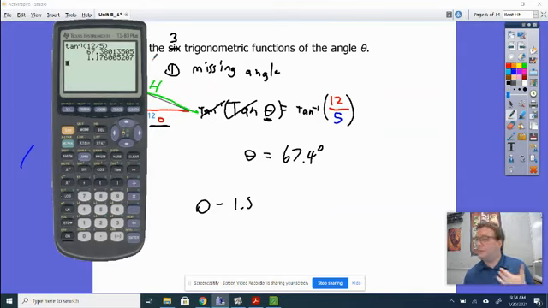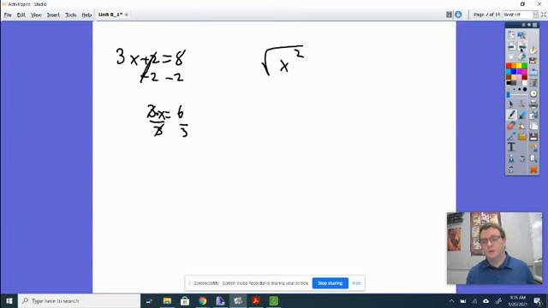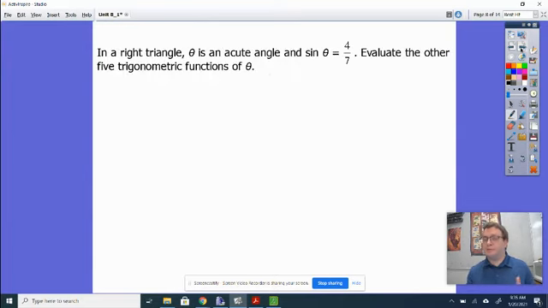If you get one that's a little bit bigger or a little bit smaller, maybe. But if it's between 0 and 1.5, you are probably in radians. Double check. If you're in degrees, then it's just a really funky triangle. But that's how these problems work. So we set them up, and then we just evaluate. I'm gonna do a couple more of these, and then I'm gonna come back and actually solve what this problem meant for us to solve. So for here, again, we're gonna do the same thing.